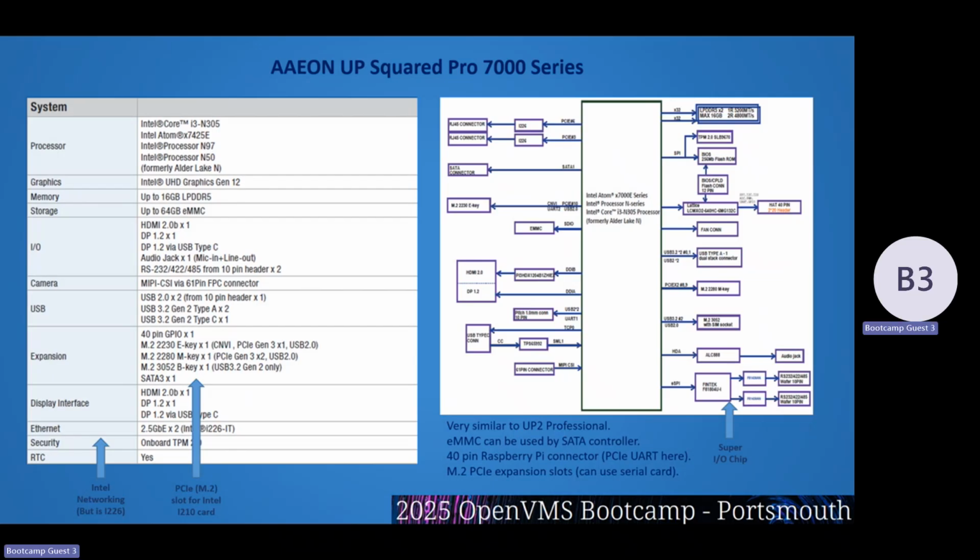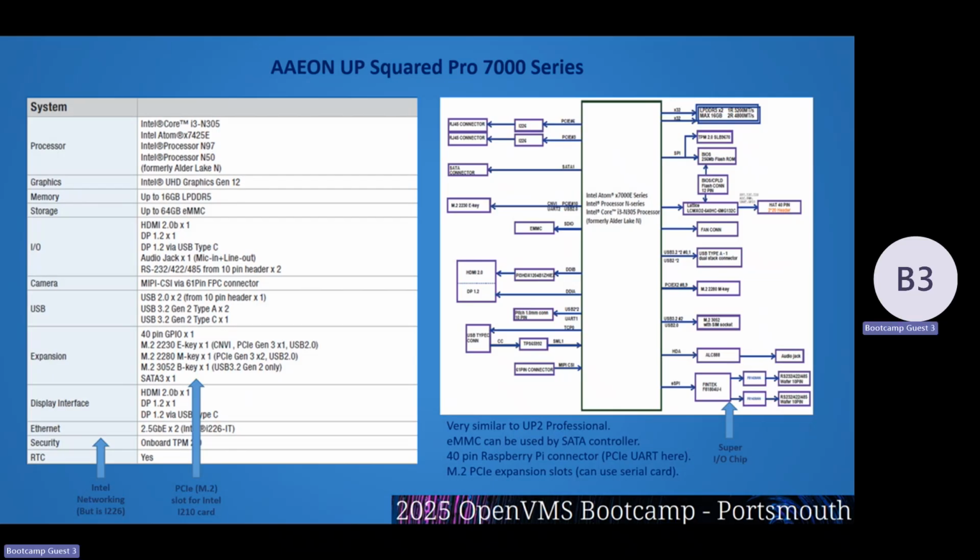So you would have a DKA0 and a DKA100 on this board. It does have the Intel 2.5 gigabit networking, but it has the M.2 PCI expansion cards that you can put one of these guys into. So in theory, OpenVMS should be able to make some sense out of this board.